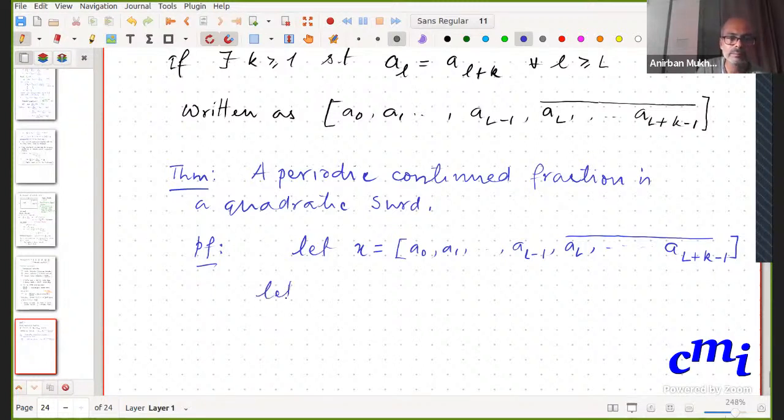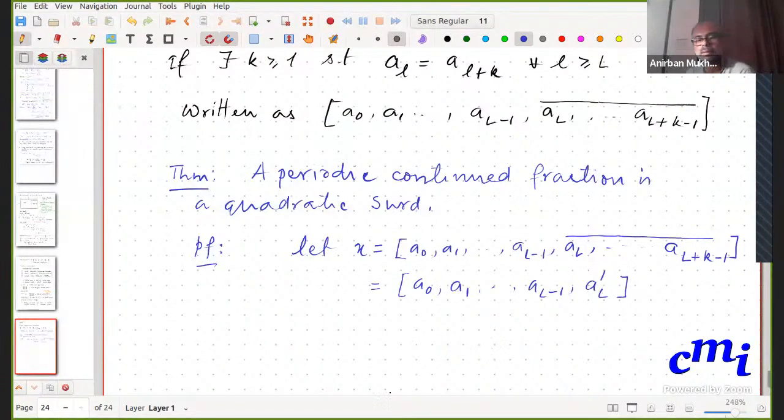Now this is our standard notation actually. So whenever you cut at length L, then what you have to write here is the complete quotient. So a_L dash, that was our notation for the complete quotient.